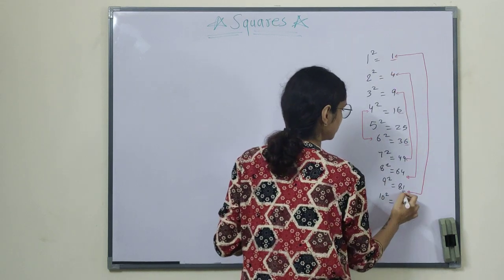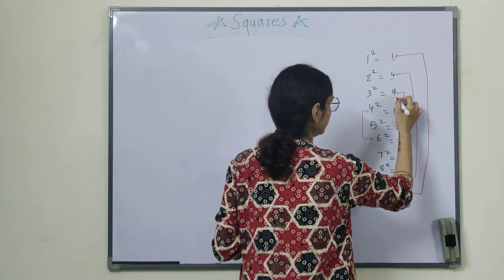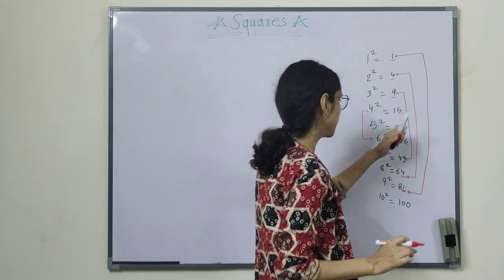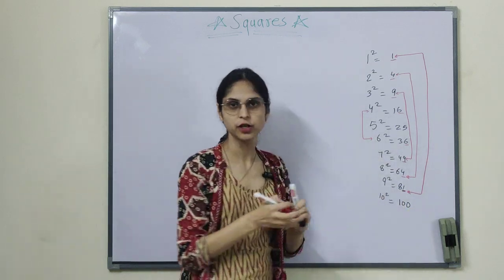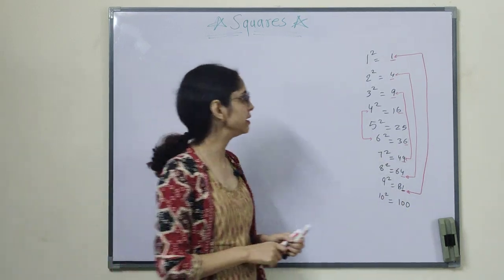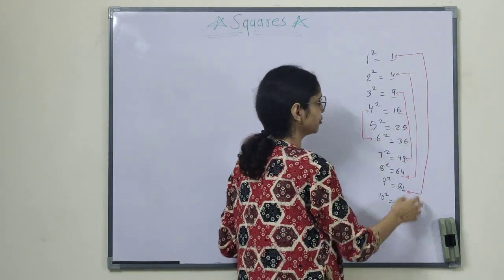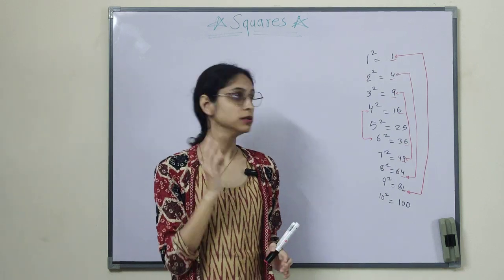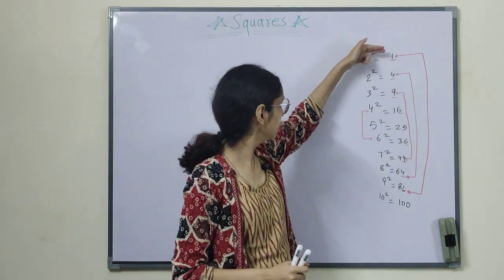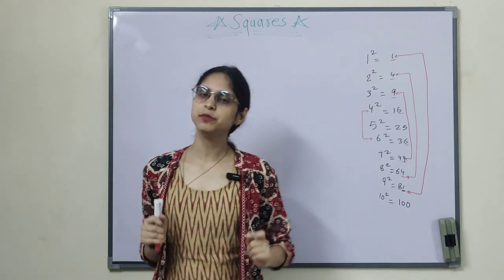Over here it was 1, then it was 4, then 9, 6 and 5 square is 25. And in 10 square we have 100. So the squares only end in 1, 4, 9, 6, 5 and 0. Alright. So any number ending with 2, 3, 7, 8 can't be a perfect square.